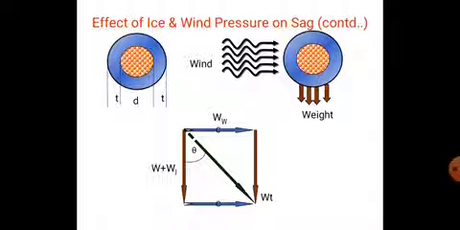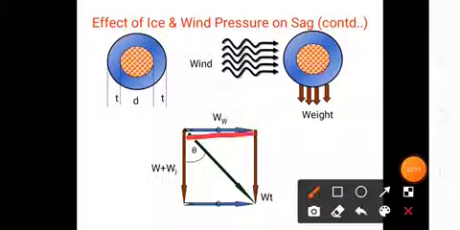Wind pressure into d plus 2t into 1. And without ice coating, it is wind pressure into d.